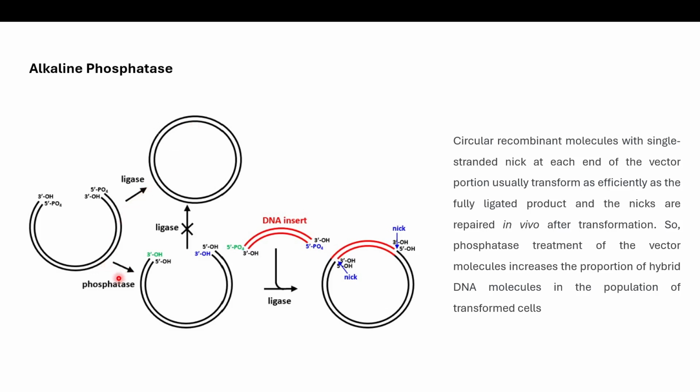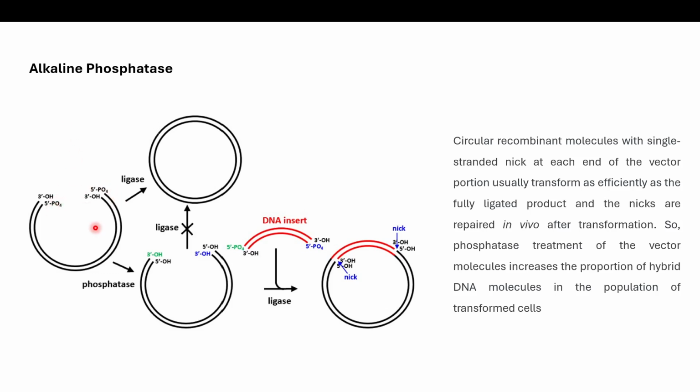But suppose we are using phosphatase, because we don't want the vector to close on itself. In the case of blunt ends, or if we leave the vector as such without introducing any insert DNA, the vector can always ligate with itself.